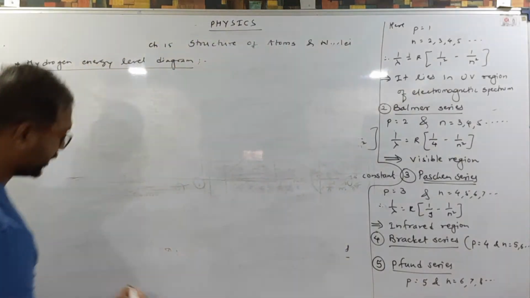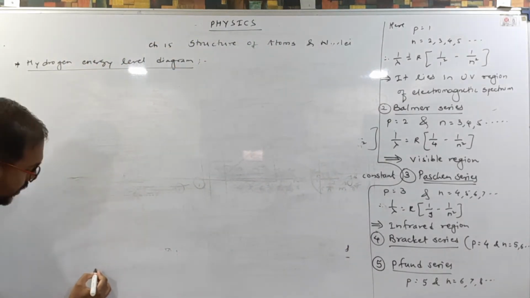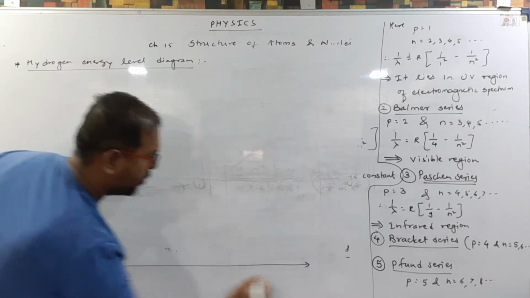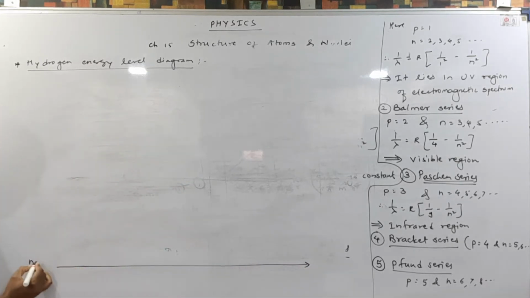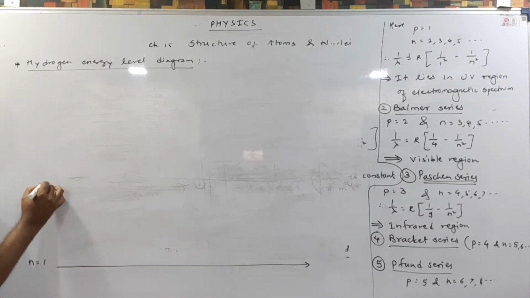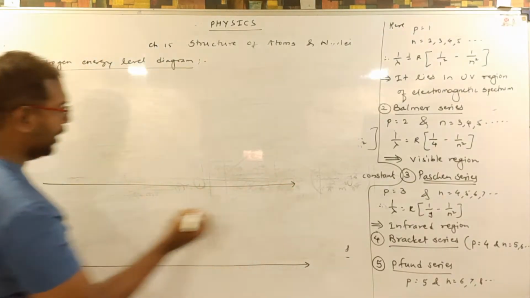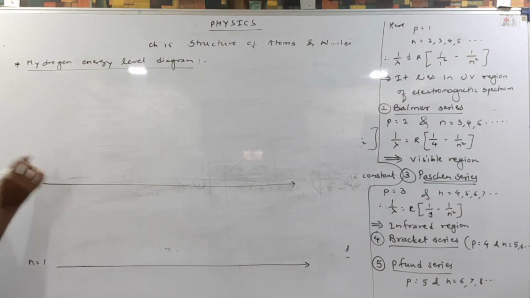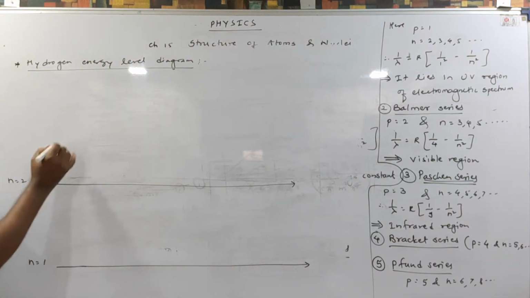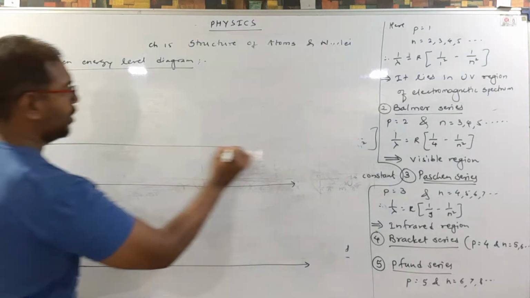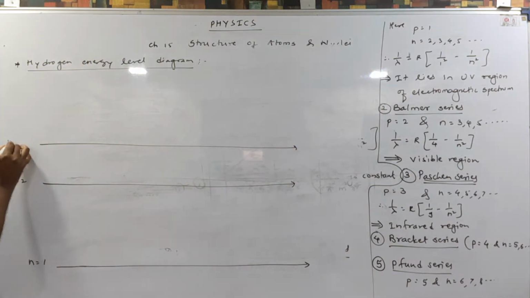Now here you can see this is visible. So here n is 1. Now I keep some gap and write n is 2, the second orbit. Then I decrease the gap. n is 3.